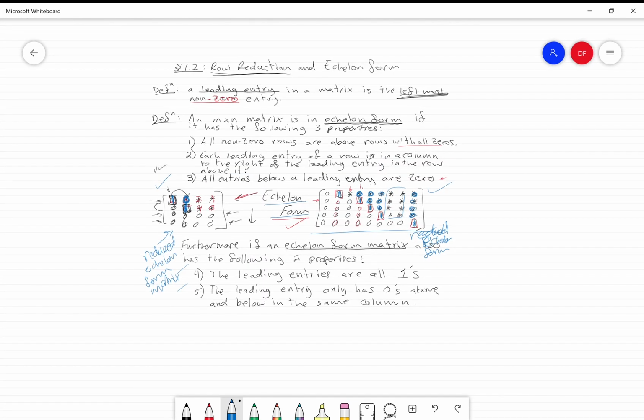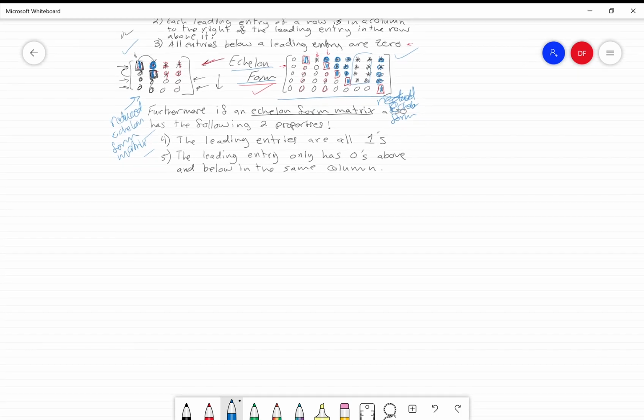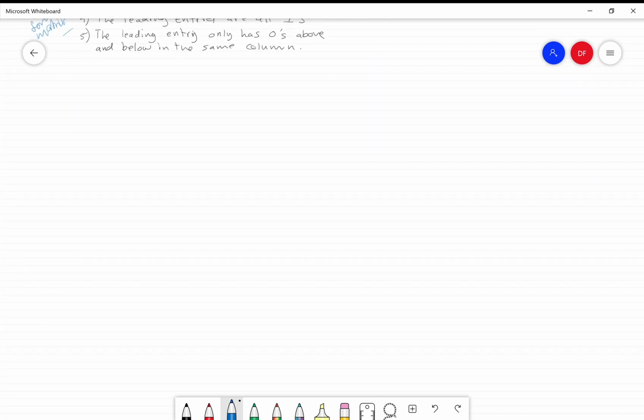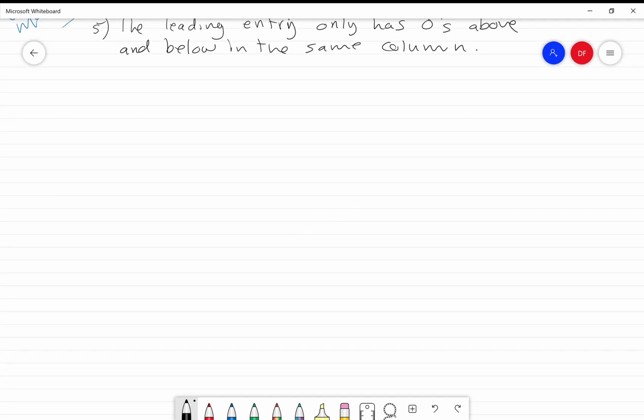Let's look at an example. Actually, before we look at an example, let me just say this so that you know why echelon form and reduced echelon form are important. This is called Theorem 1.